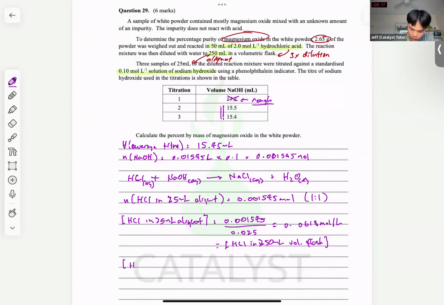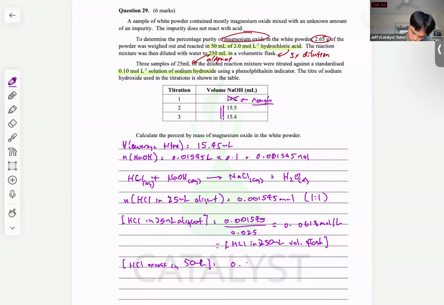Now to find the HCl left over from the initial 50 mils, you can now multiply this by 5 to reverse the dilution.